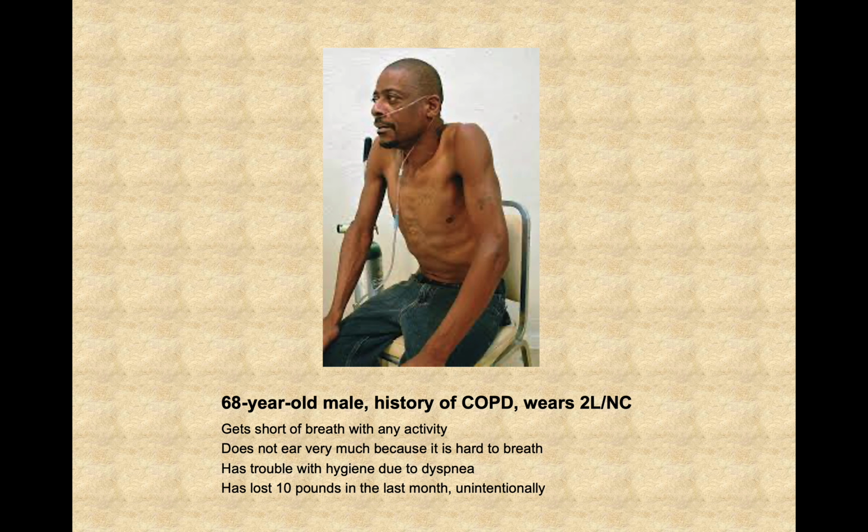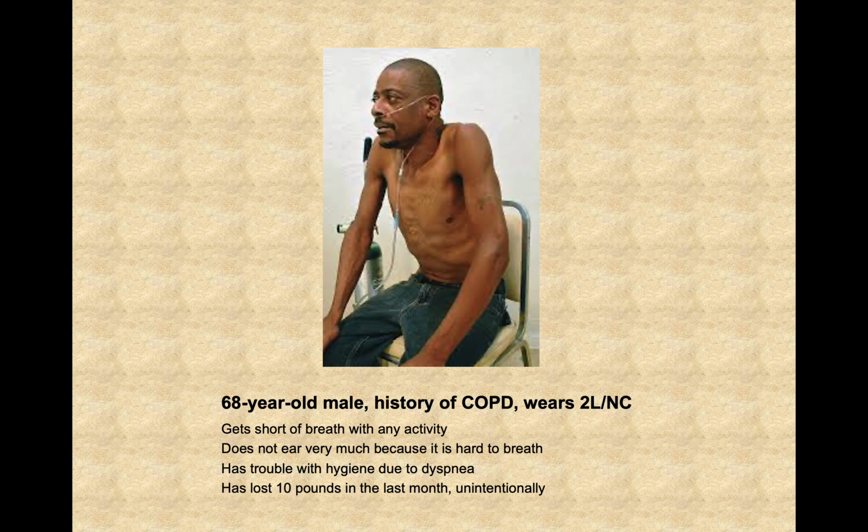So for example, this gentleman with a history of COPD that wears 2 liters of oxygen per nasal cannula, right off the bat, one thing that I am concerned about is that device potential for pressure ulcer, not only in the nares, but also potentially behind his ears. And so as the nurse, I am going to be assessing this patient behind his ears routinely to make sure that there is no evidence of pressure developing there.